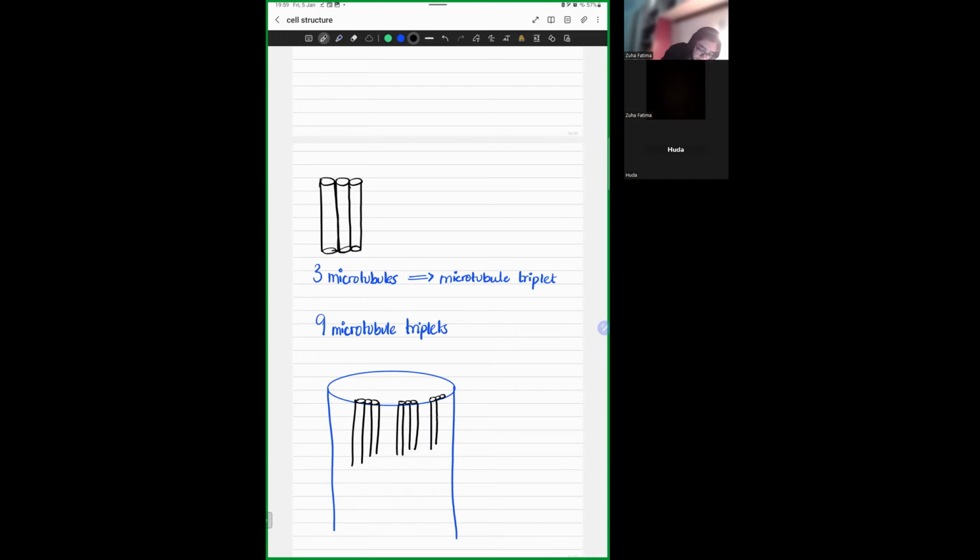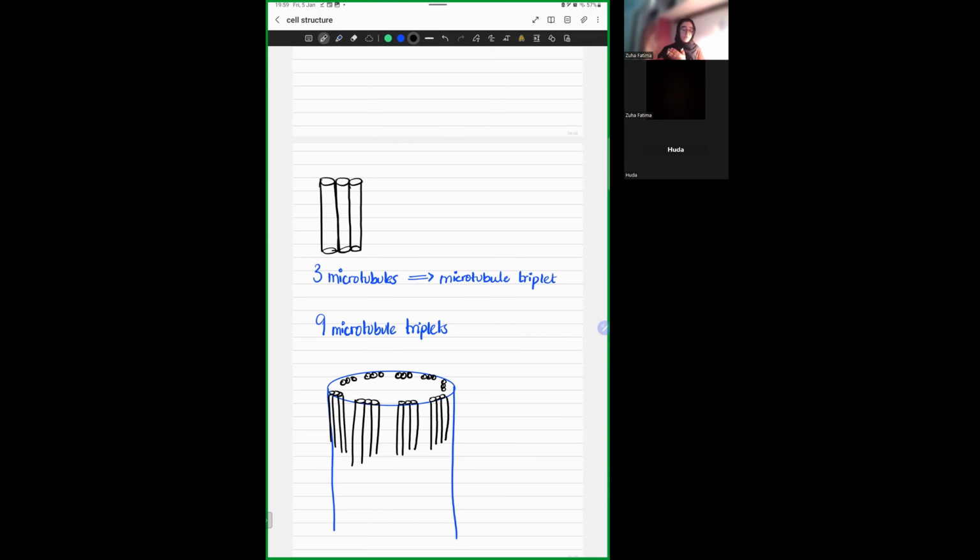And then there's another triplet. 4. And then 1, 2, 3. We have our fifth triplet. Then we have our sixth, seventh, eighth, and ninth triplet.